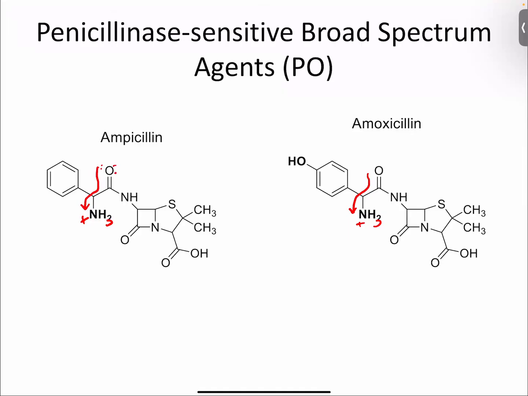That makes it very, very difficult then for a resonance system to develop in the side chain, and for the attack of that carbonyl in the side chain on the beta-lactam ring. So this enhances their oral bioavailability, right?